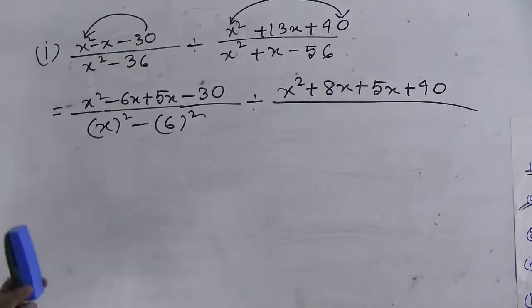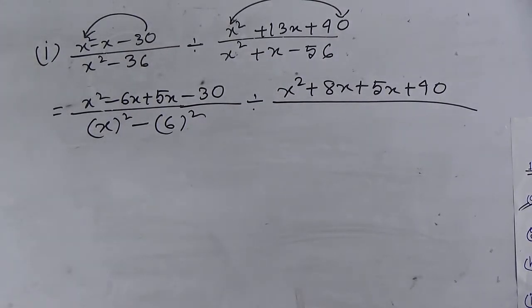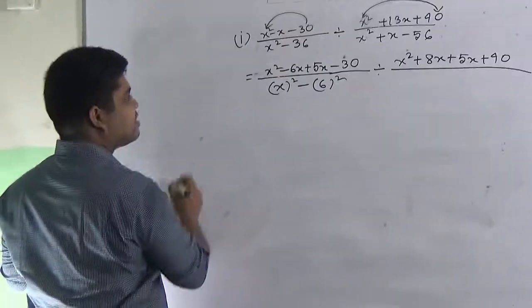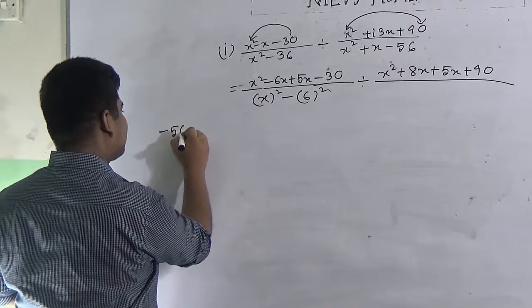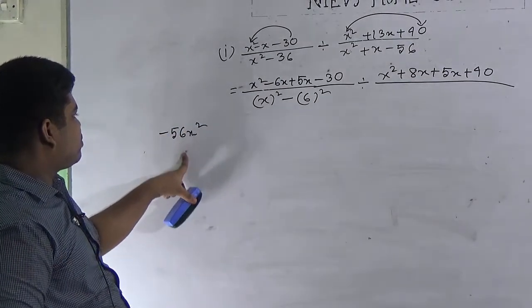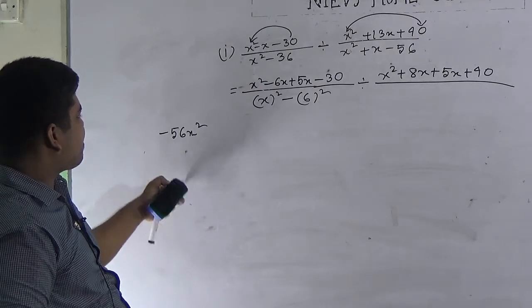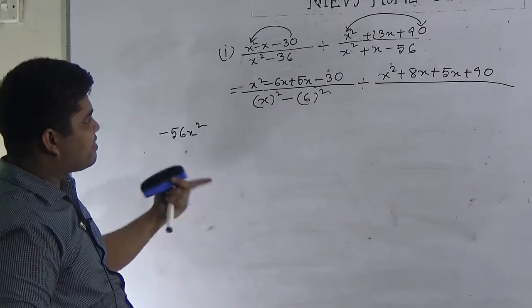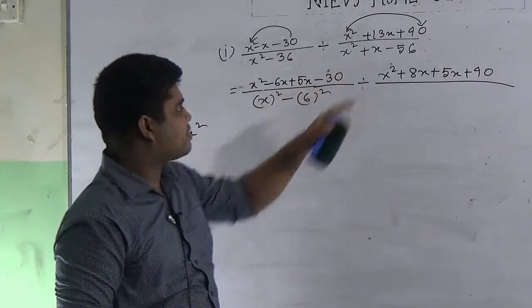So it is also in the middle term break method. That means x square minus 56 x square. Now we break this into two factors. If we multiply, then we get minus 56 x square, and if we subtract, then we get x.